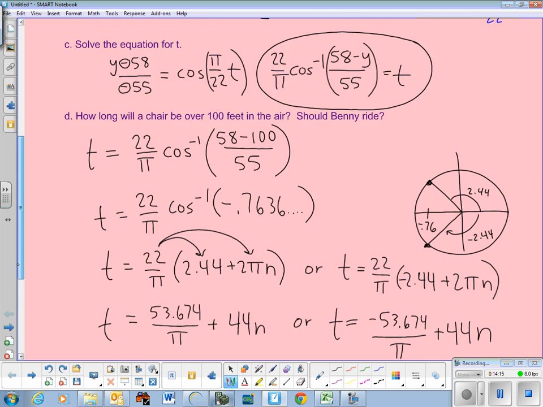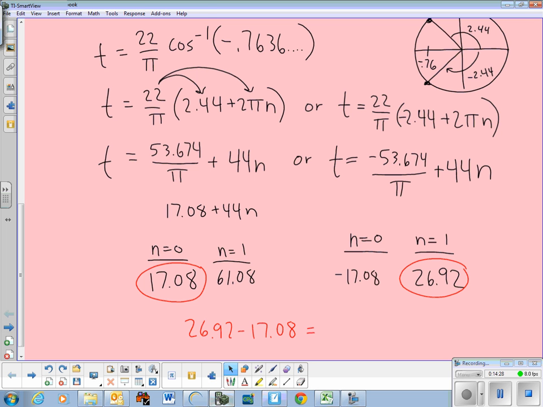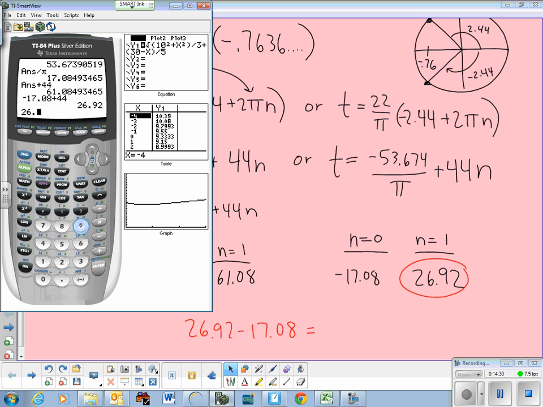All right, so I am over 100 feet between 17.08 seconds and 26.92 seconds, which is 26.92 minus 17.08, 9.84 seconds.